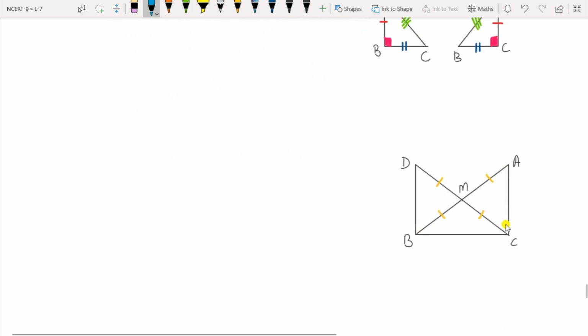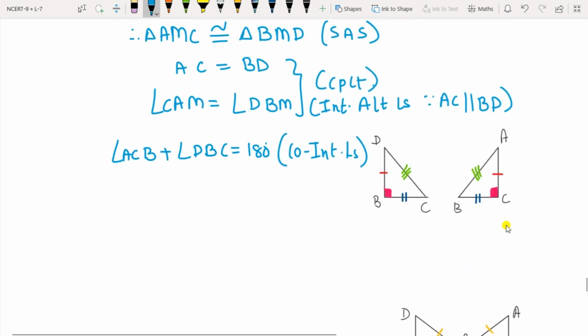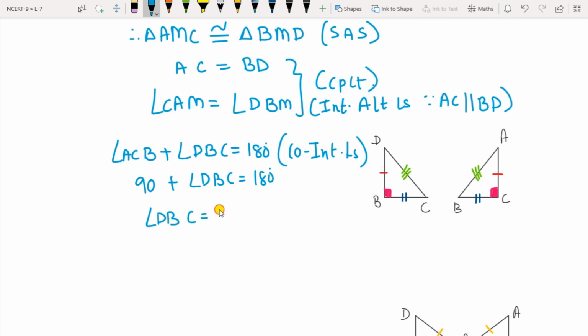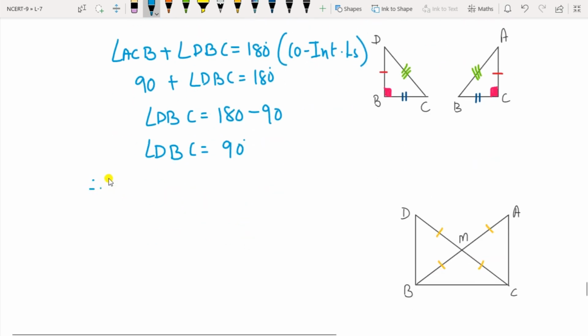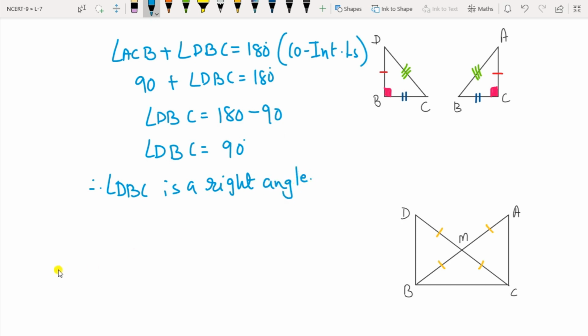Therefore, this is given as 90 plus angle DBC equal to 180. Therefore, angle DBC is 180 minus 90. Angle DBC equal to 90 degrees. And therefore, angle DBC is a right angle.